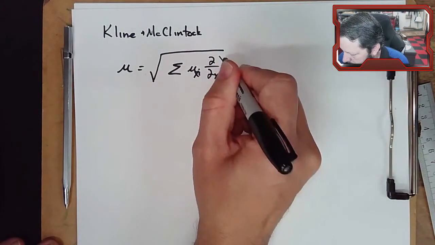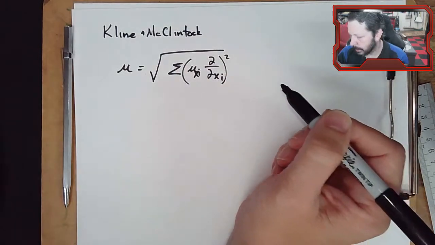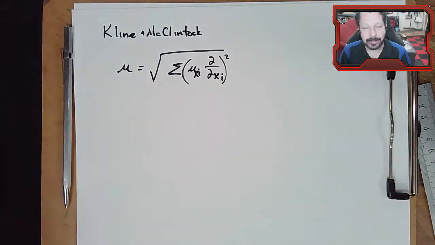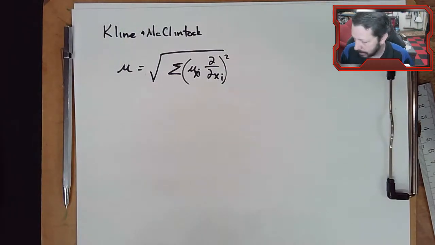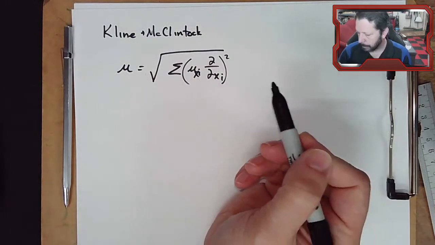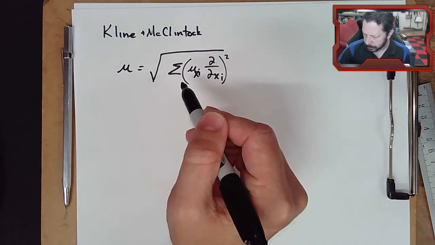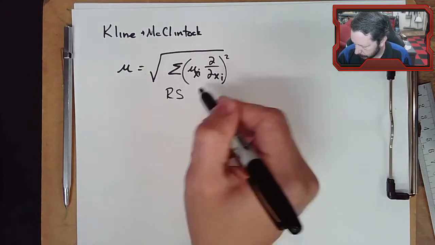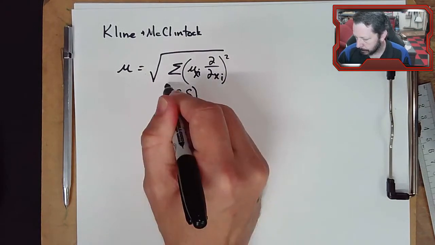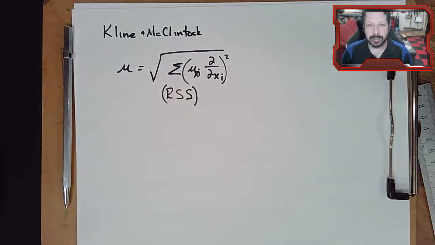We had to square that so that we didn't cancel out. Some of the uncertainties would be negative, some positive, and if we add them up together, they would cancel out. So we squared it, took the square root, and so we did a root sum square, RSS, to figure out the uncertainty in the calculated measurement.